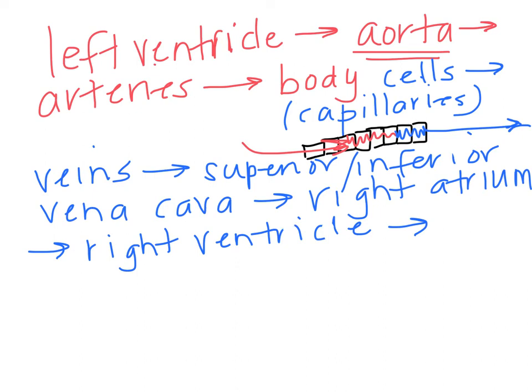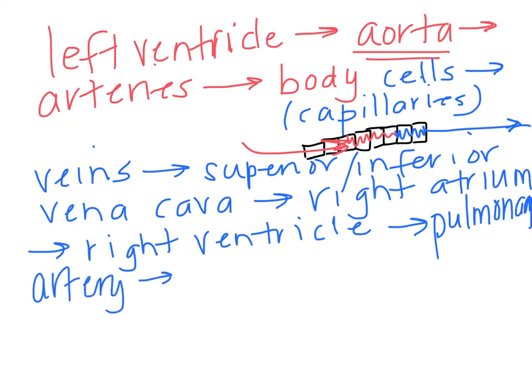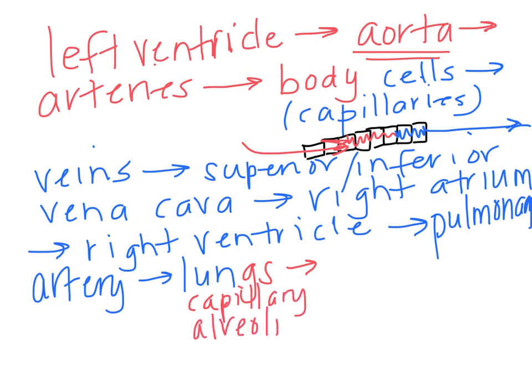Okay, right ventricle, and then pulmonary artery, and then to the lungs, and I'll be tricky here. Look at that, where it picks up the oxygen. And remember, again, this is at the capillary level, but in the lungs, it happens at the alveoli.